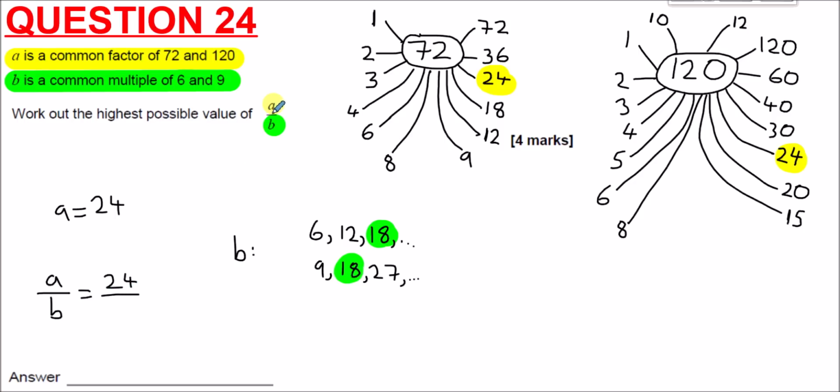And the smallest thing we can divide it by, the way to keep it as big as possible, is to find the smallest thing to divide by. That's going to be the lowest of the common multiples of 6 and 9, which is 18. And so 24 divided by 18 is the highest possible value of a over b.